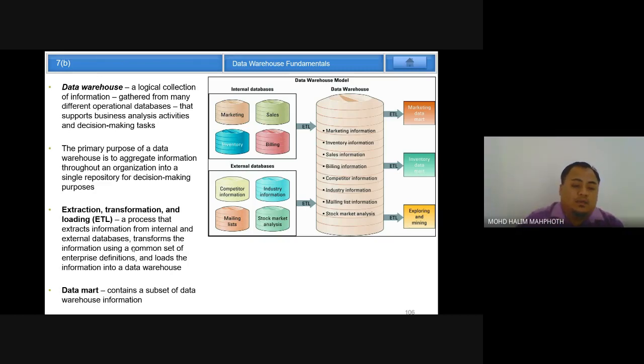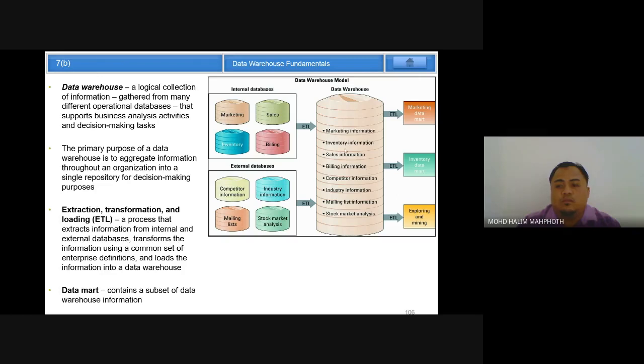What we have next under this data warehouse is the data mart. What is actually a data mart? It contains a subset of data warehouse information. So the subset of the data under this data warehouse we call a data mart. This marketing information will be pulled into the marketing data mart.